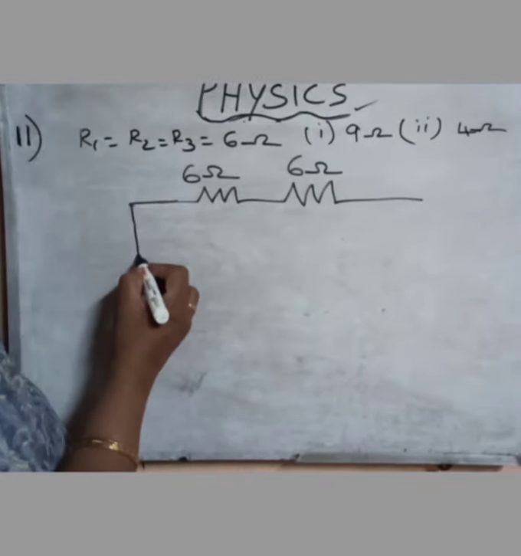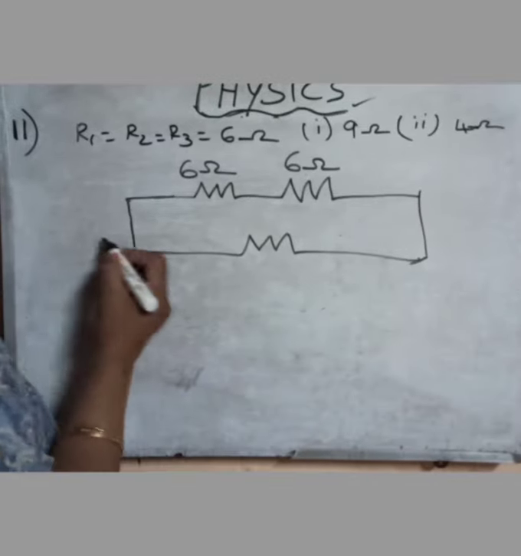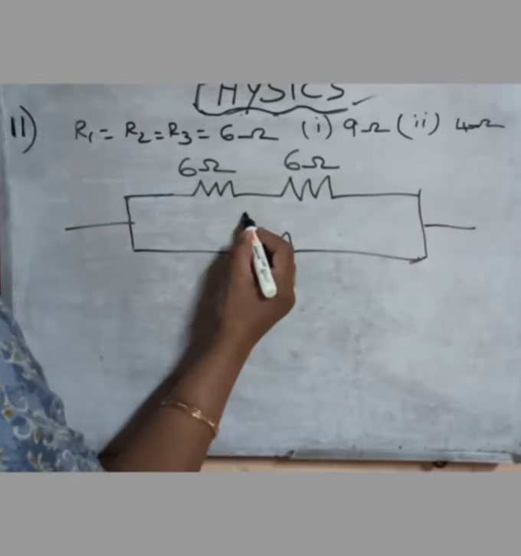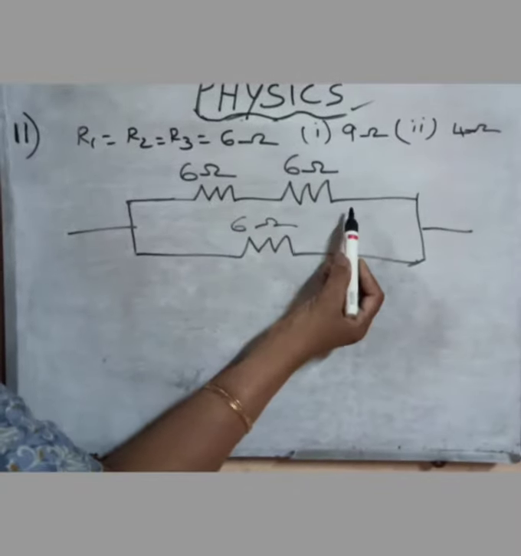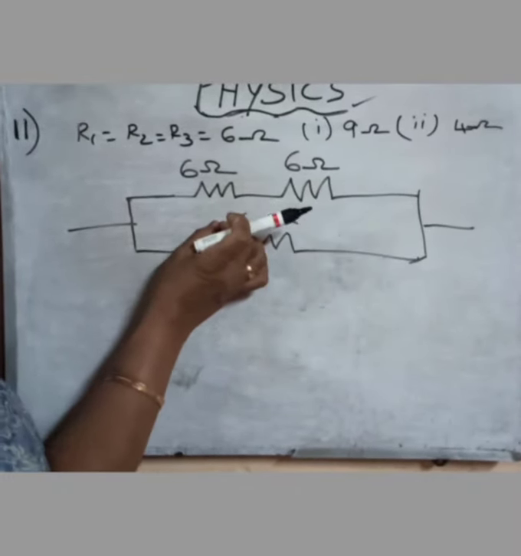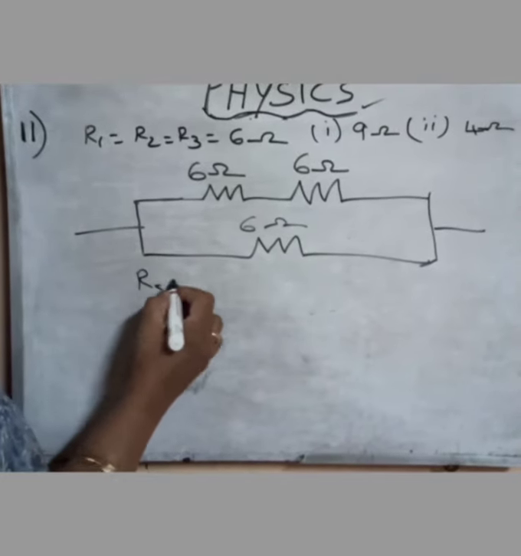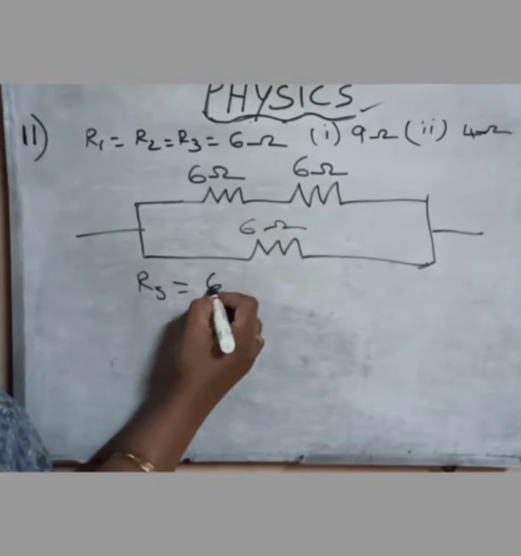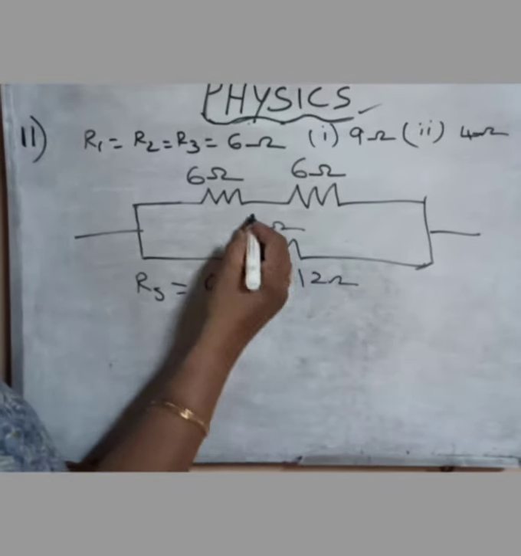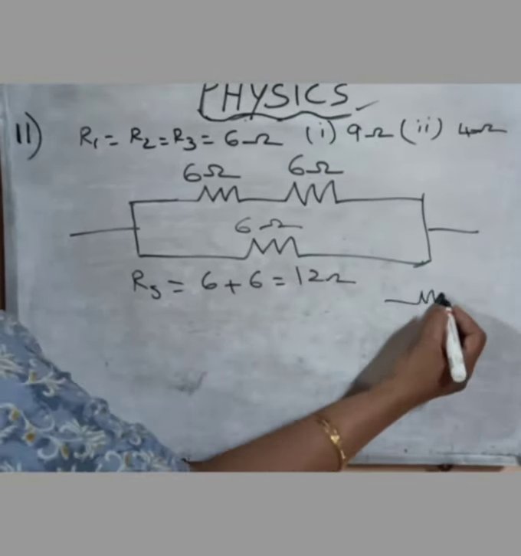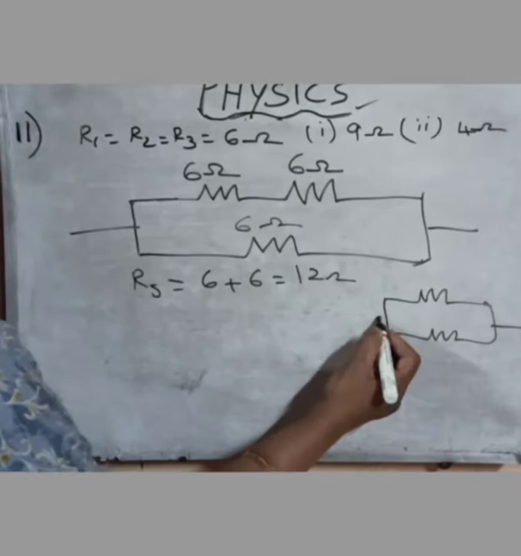And we connect another 6 ohm in parallel to it. So here 6 plus 6. You know that if two resistors are connected in series, you take the sum of it. Rs is equal to R1 plus R2, that is 6 plus 6, 12 ohm. This 12 ohm and 6 ohm are in parallel.